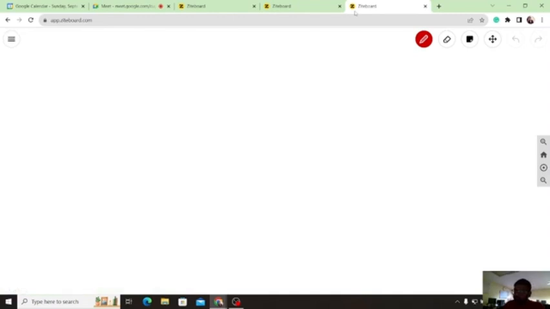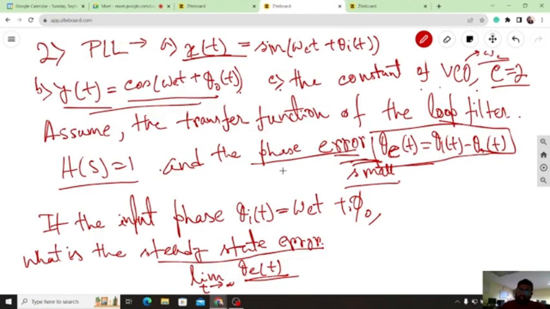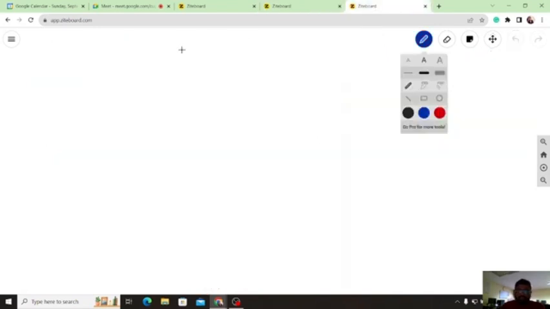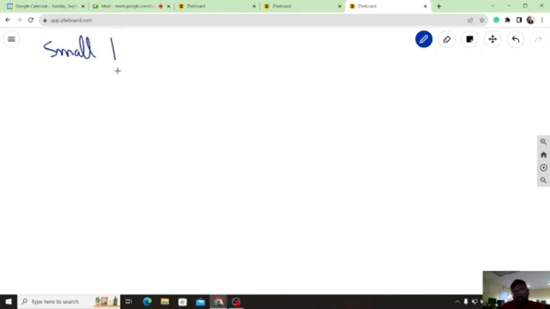Okay, let us solve the question. Basically, the information provided here is that the phase error is very small. For this sort of thing, we should use the small phase error analysis formula.